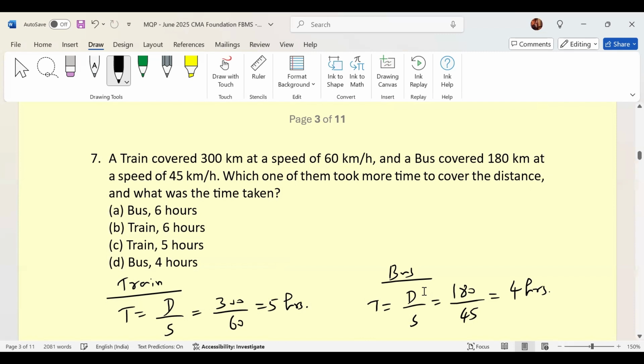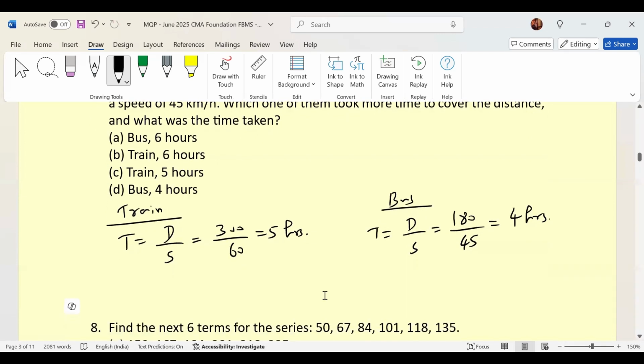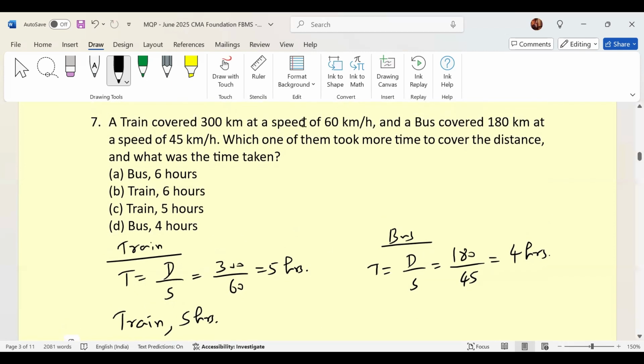So they just compared these two times taken, and actually the train is going to take more time as per this. So because the train is taking 5 hours, as per this calculation, because the question is not clear, the option should be C.